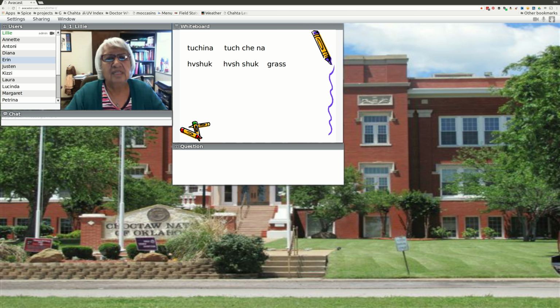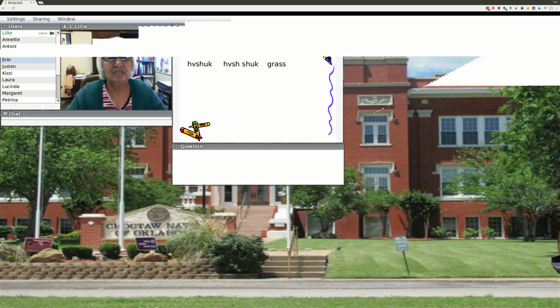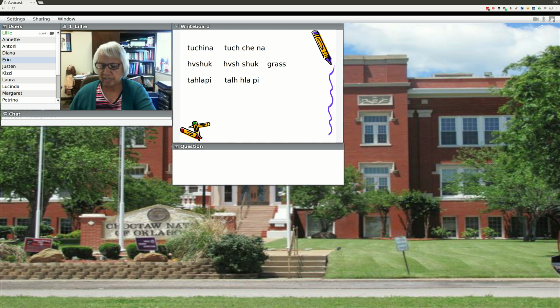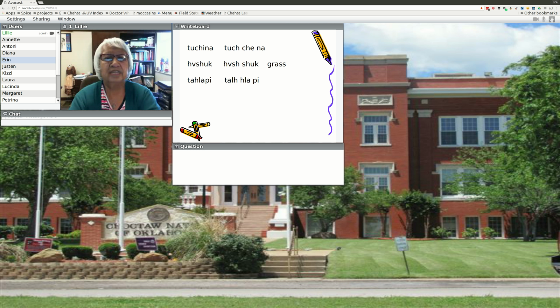And when we write taflapi, we're going to use the LH because when it's written before a consonant sound, it will be written LH. So if you were to help yourself in writing this as it sounds, you would write TALH, HLAPI, taflapi. The word for 5 has a double aspirated L sound, taflapi.